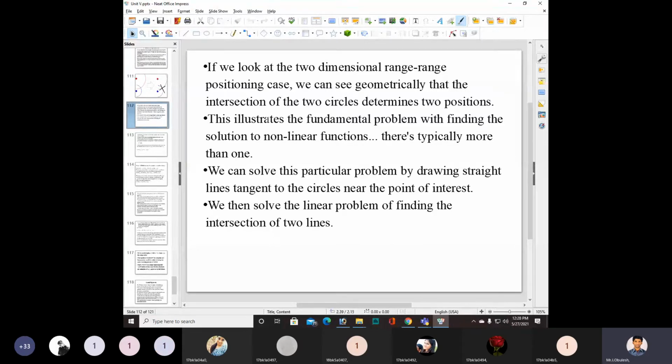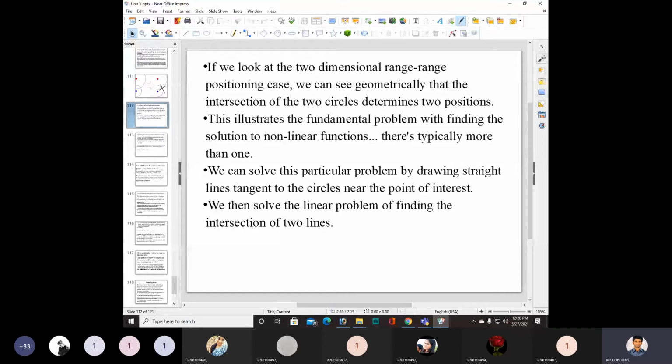We can solve this particular problem by drawing straight lines tangent to the circles near the point of interest.